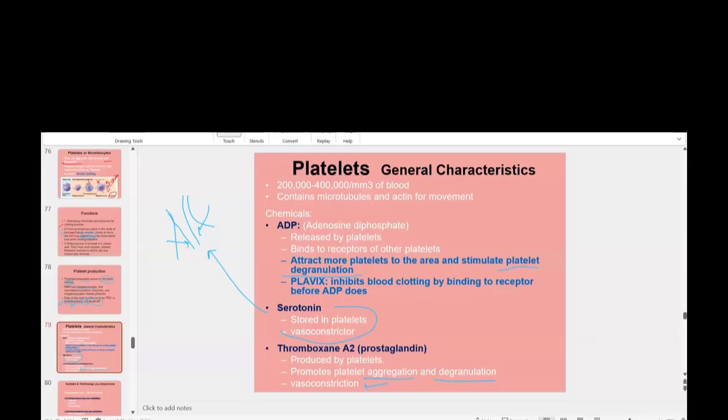All of this work is done by thromboxane. Serotonin, vasoconstrictor. ADP, that will bind the receptors of other platelets, trying to cause aggregation of the platelets. Aggregation means bringing them together, making a crowd of platelets at that site. So these chemicals are present in the platelets, and when the injury happens, these are released for activity.